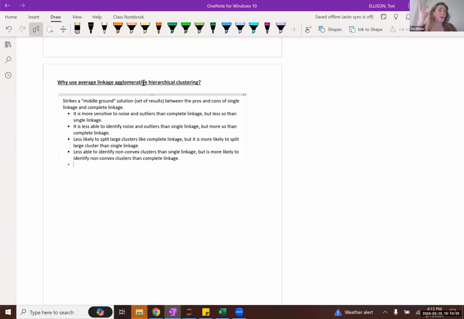Also, one of the downsides of single linkage is that it's not as good at identifying non-well separated clusters. So average linkage is more able to identify non-well separated clusters than single linkage, but less able to identify these types of clusters than complete linkage.